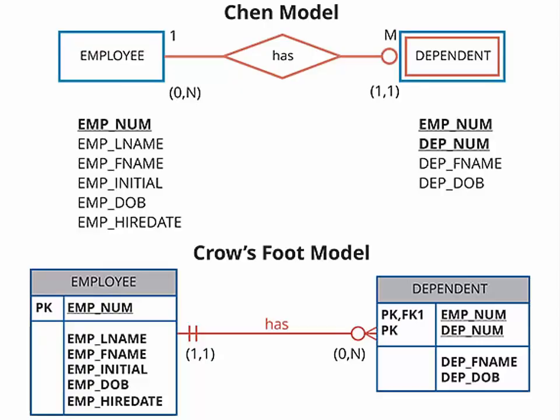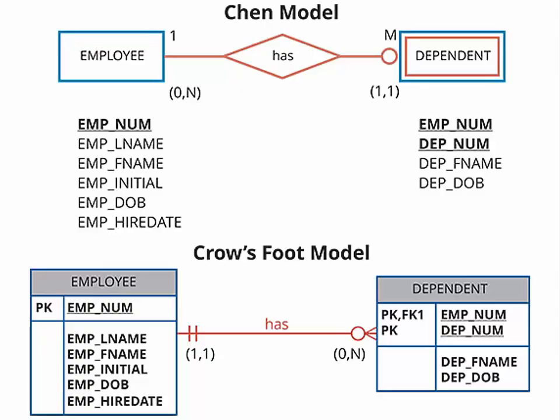And it is exactly the same database, but you use a different model, which this time is crow's foot. That's the name of the model. As you can see, there are slightly different symbols they use. They put all those columns into the lower box, so you know what columns you're going to have.